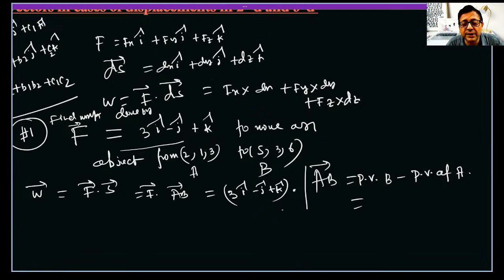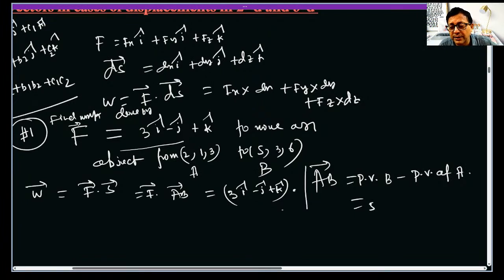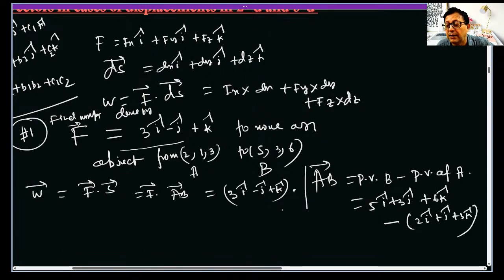What is the position vector here? Position vector of B, 5 by 3 j, this minus, okay, so this will be 3i plus 2j plus 3k. This is the AB vector. So you just find the dot product of this F with AB. 3i.